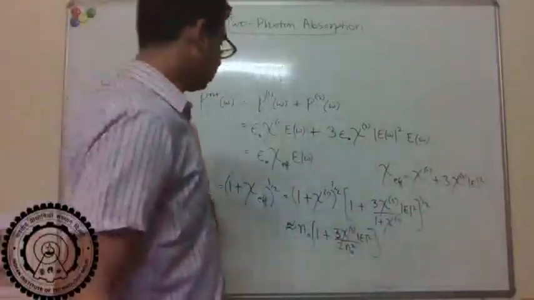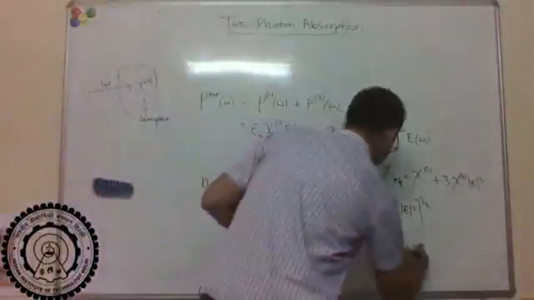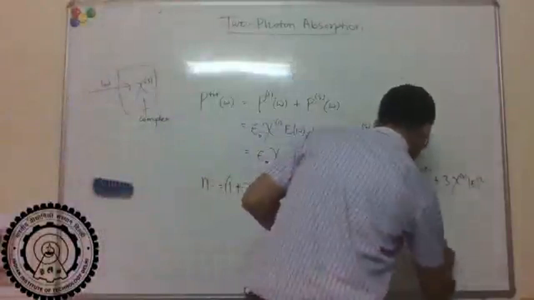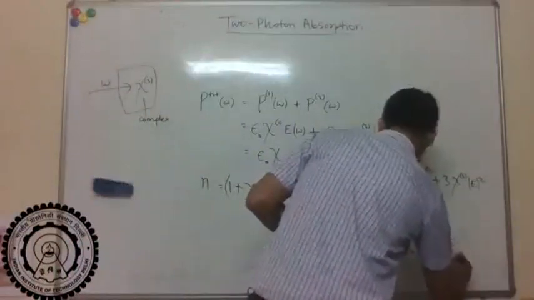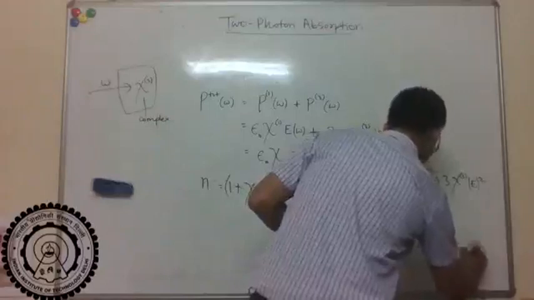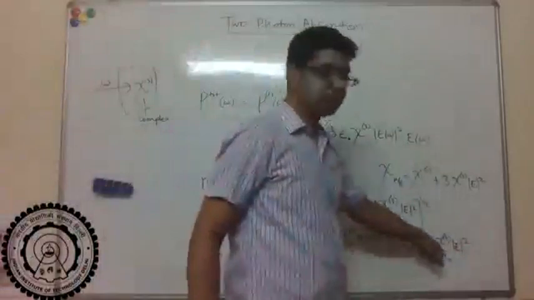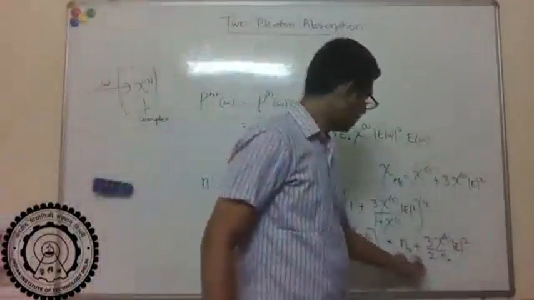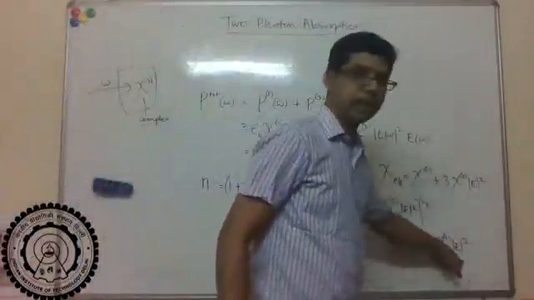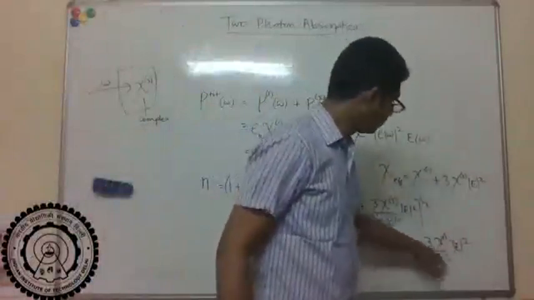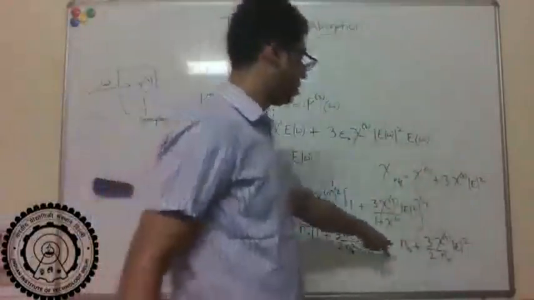And so last class what we did was, okay, assume chi3 as a real number. Then we said, okay, we have the bare refractive index plus something which is proportional to intensity, right? And if chi3 is real, then this is a real number which we called n2, right? And we wrote the total refractive index as n0 plus n2 I.